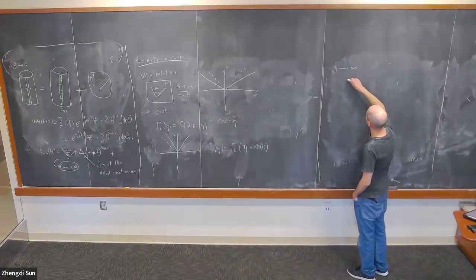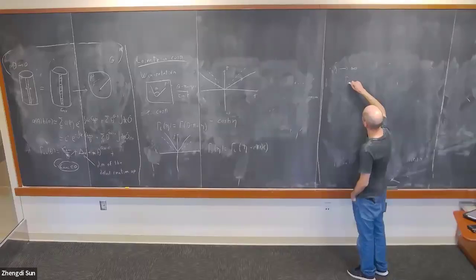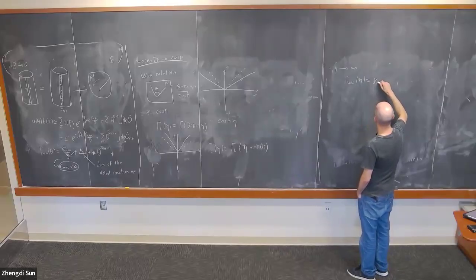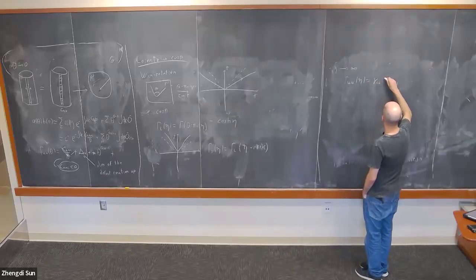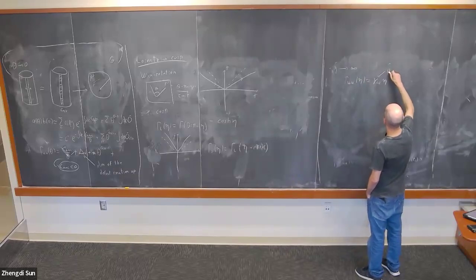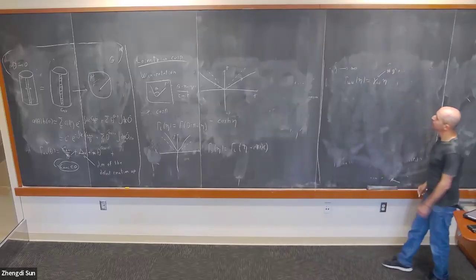In this limit, it's known that if you take the cusp between two Wilson lines, it goes like some small gamma Sudakov times eta. So it's linear in eta, and this is perturbative in the coupling.